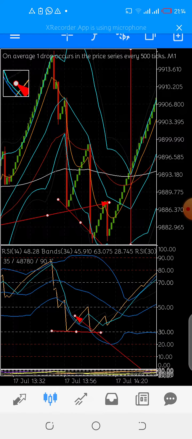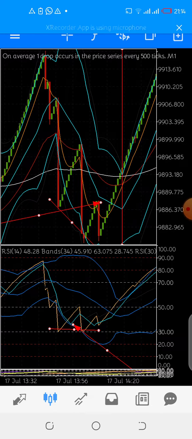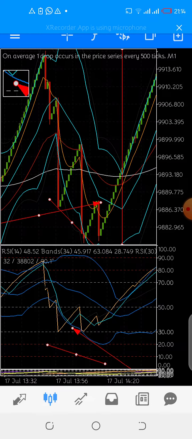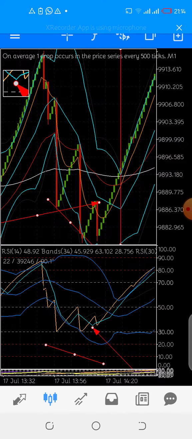Now this one here, let me just take this line off for now, just a bit. So when it reached there, it didn't crash, which means it was telling you it has not acted as a support for now. And then again here, it didn't respect. Okay, it went past the moving average.